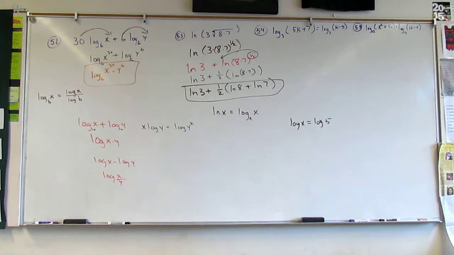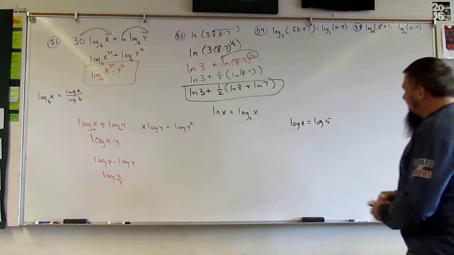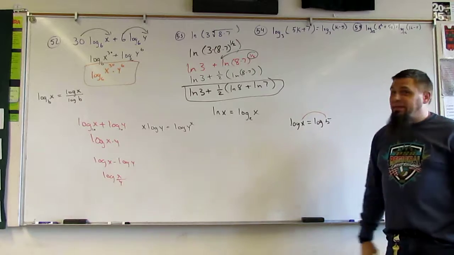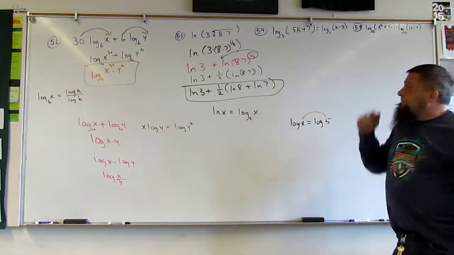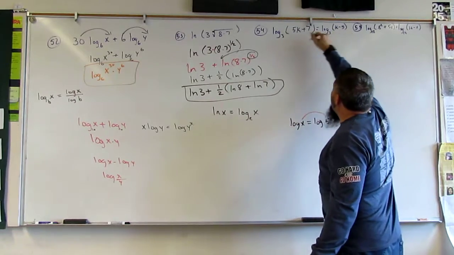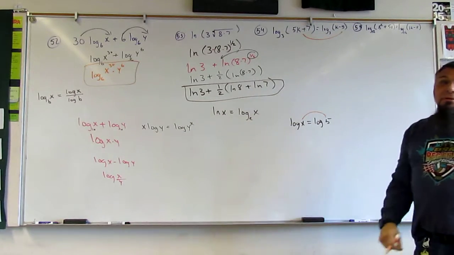It was easy, right? I said it's easy. Sometimes you don't think it's easy. Sometimes you're like, oh no, something's tricky about this. No, it's really easy. Everything's the same, so this has to be that. Same thing here. See this log base 3 of this, log base 3 of this? That means these are the same.